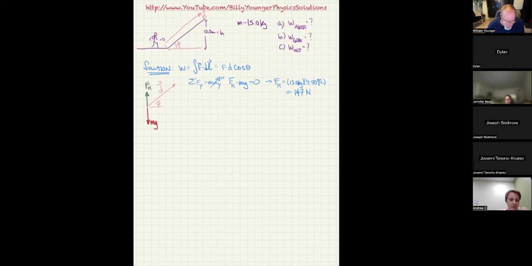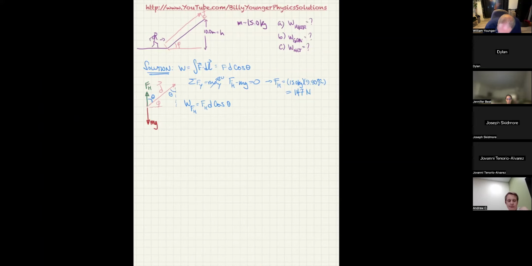So if I want to calculate the work done, then the work done, for instance, by FH is equal to FH times D times cosine theta, where theta in this case would actually be the angle between FH and D. So that's the actual theta we're talking about. Okay. Now, if you look at that on this diagram right here, you'd realize that this right here is the angle theta as well.